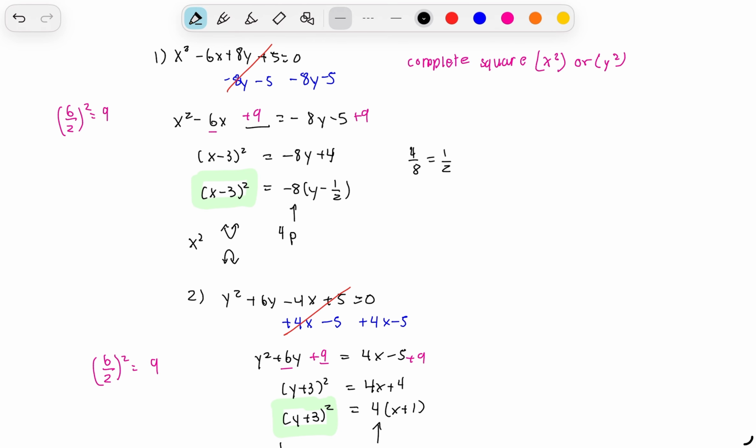So it looks like this, and for the previous question, we had a vertical parabola opening down. This is because our p was less than 0, and that means it was pointing down. And also because we have our x that's squared.